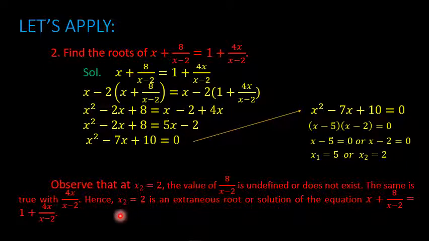The same is true with 4x over x minus 2. Hence, x is equal to 2 is an extraneous root or solution of the equation x plus 8 over x minus 2 is equal to 1 plus 4x over x minus 2. So, it becomes undefined or does not exist, which is why this root is called an extraneous root.